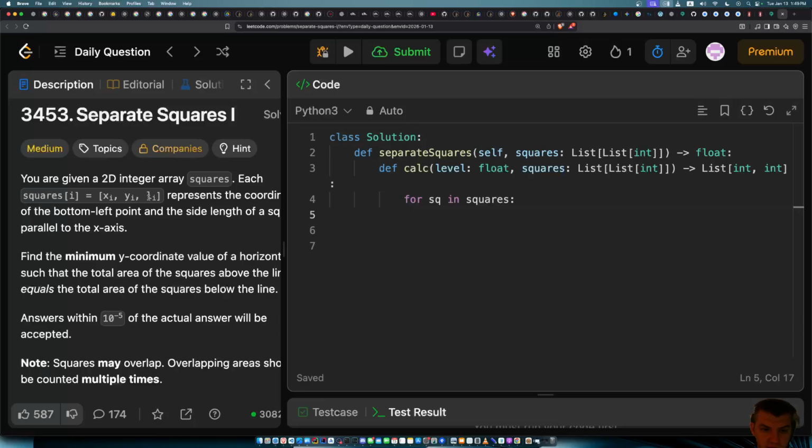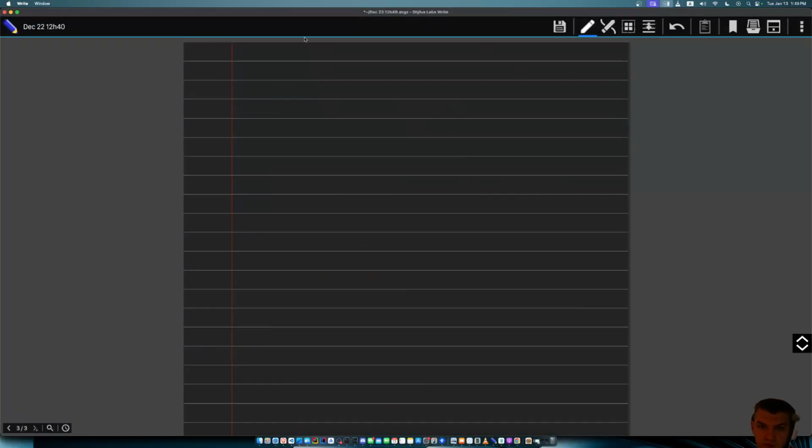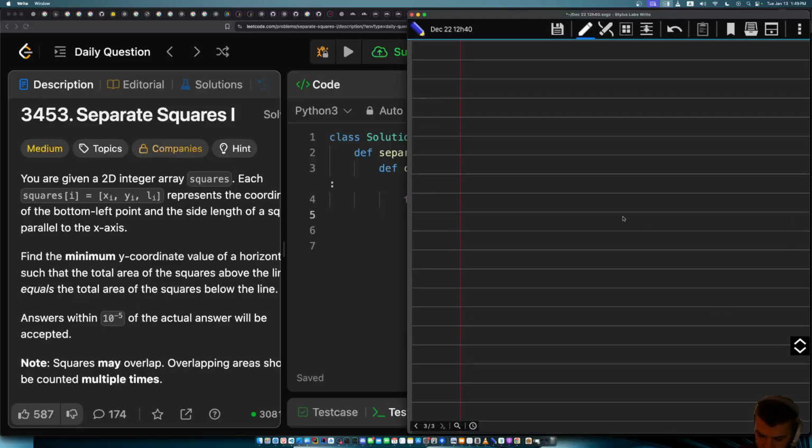So let me check what we have. We have x and y coordinate of the bottom left point. If I try to draw that, I have this x and y, called xi, yi, and then I have li as a length.